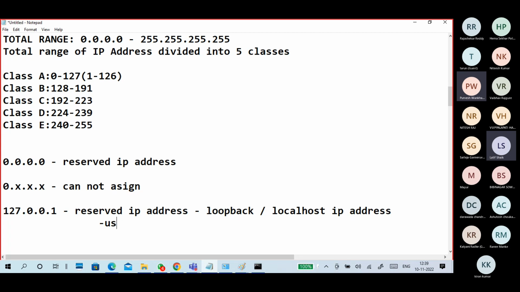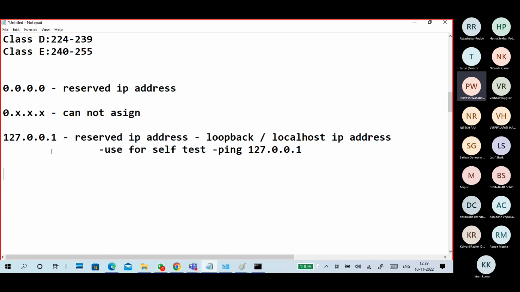It is used for self-test. How to do self-test? You can ping 127.0.0.1. That is all.